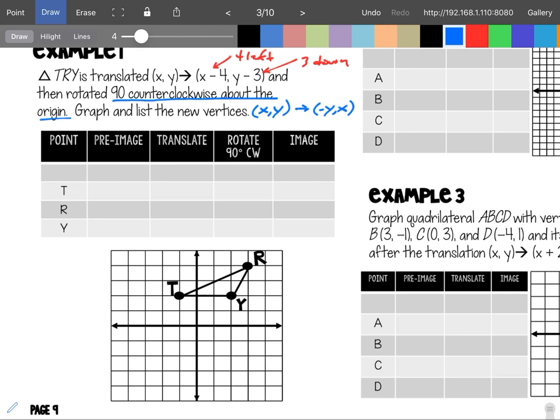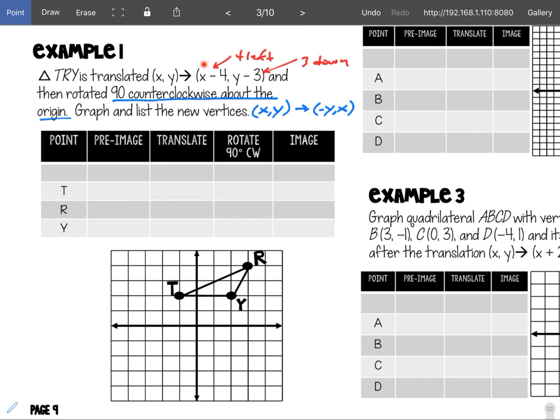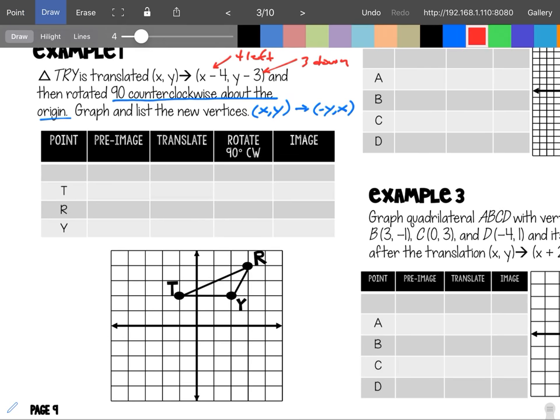All right. But first we got to do the translation. Now, one more note, I want to make sure you guys all have it. On the test, instead of writing the translation or the slide this way, sometimes they will write it in vector notation. I think I pointed this out last week. They will write a vector with this squared-off bracket, and they'll write -4, comma, -3.